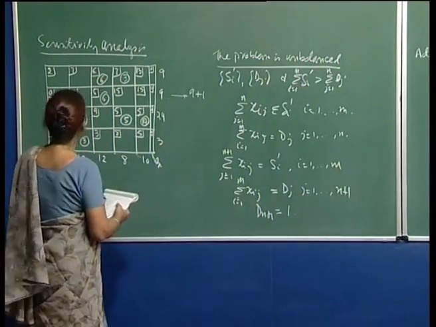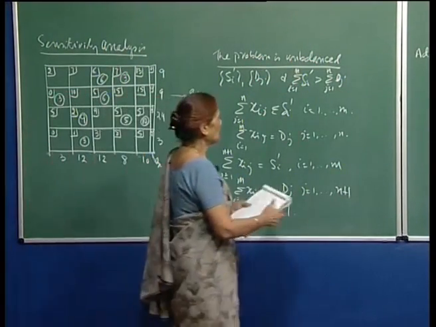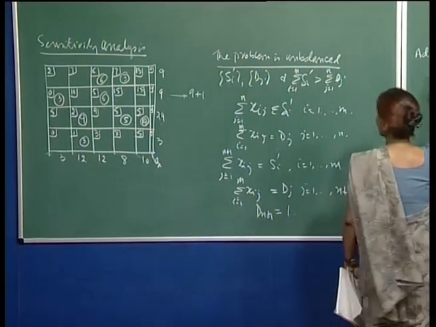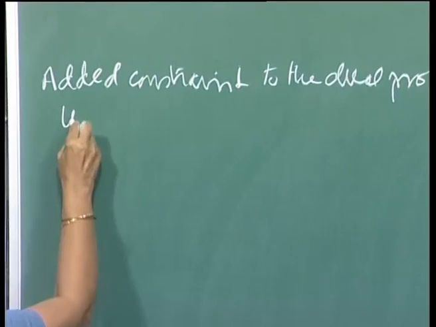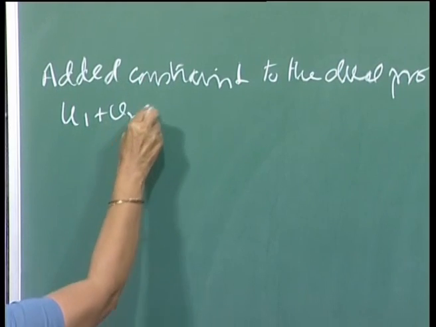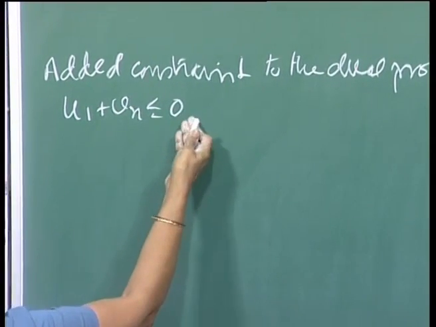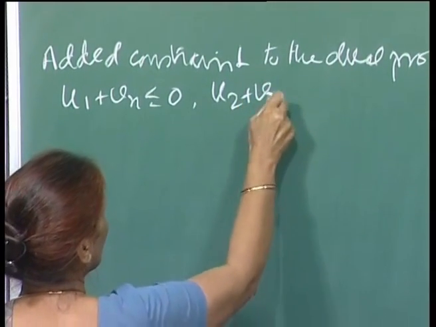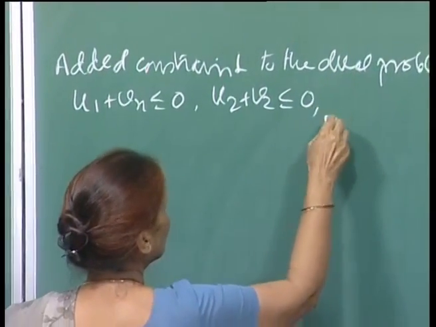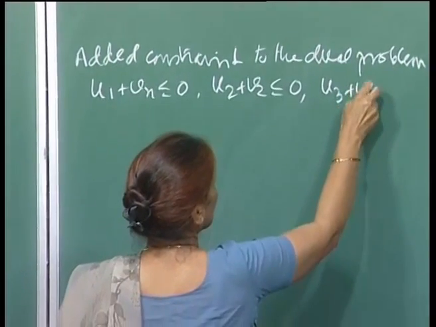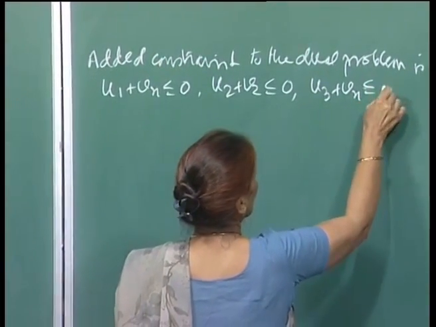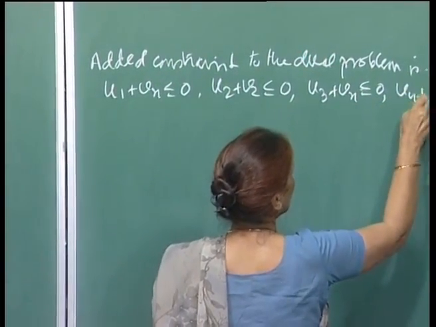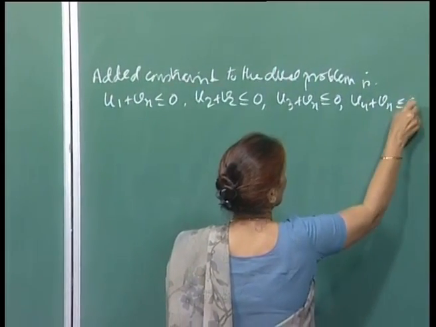We will compute the dual variables also, I will quickly do it. Anyway, what you will have now here is u 1 plus V n less than or equal to 0, because the corresponding C i j's are zeros. Then this will be u 2 plus V n less than or equal to 0, u 3 plus V n less than or equal to 0, and u 4 plus V n less than or equal to 0.